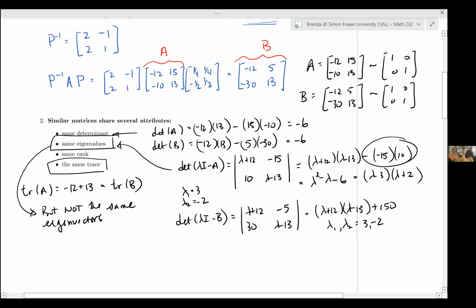Okay, so I did the calculations here. What I suggest you do is make these calculations yourself. You can stop the video, calculate the eigenvectors for A, calculate the eigenvectors for B, turn the video back on and check your answer.